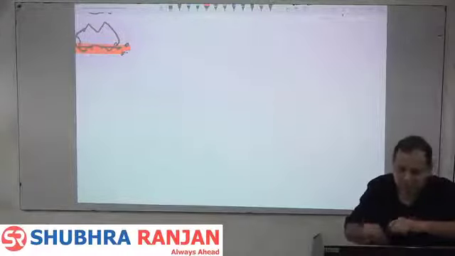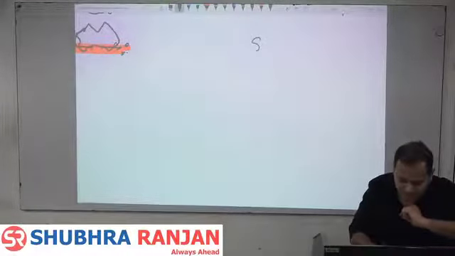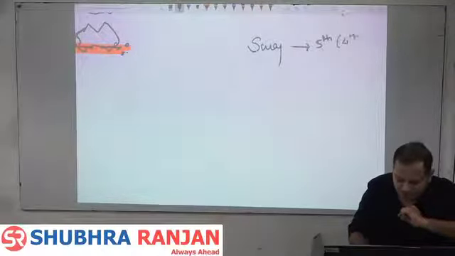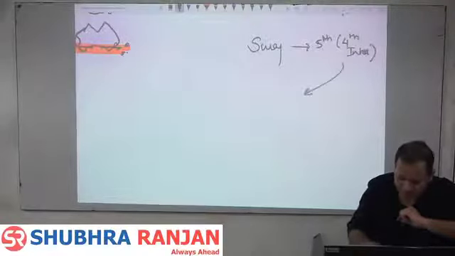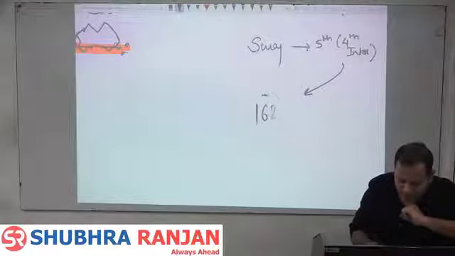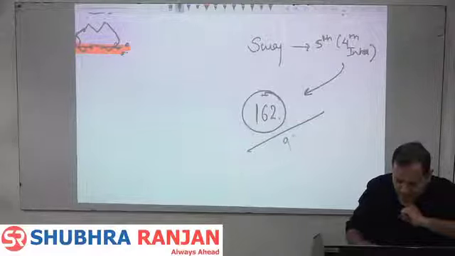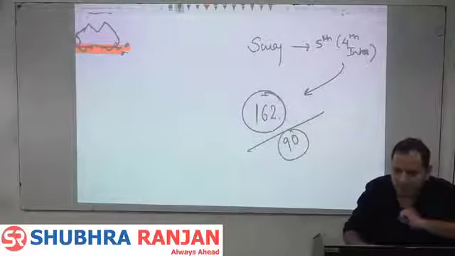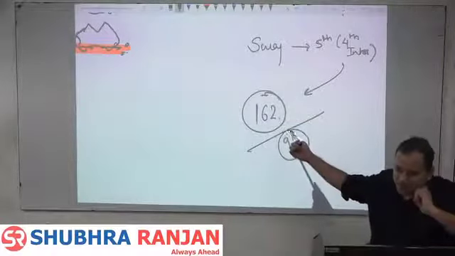And I know a student, Suraj, 5th mains, 4th interview. Fine. Paper 2, paper 1, 162. Last year, paper 2, 90. Means what does it show? He has enough knowledge.